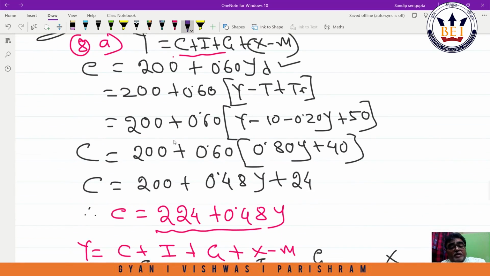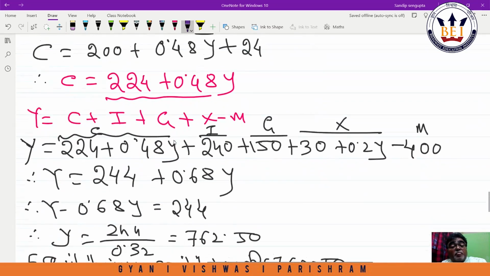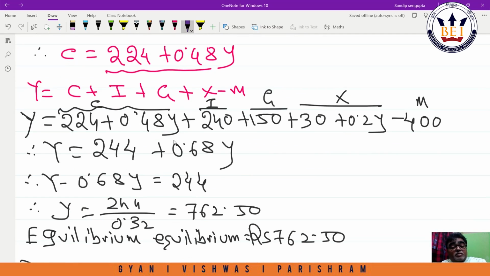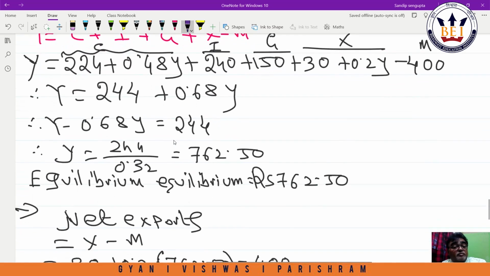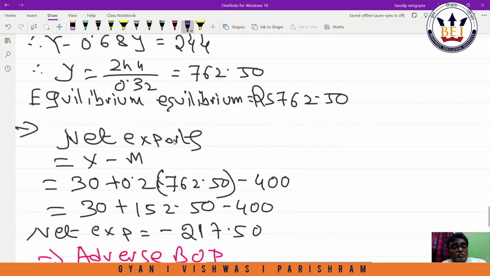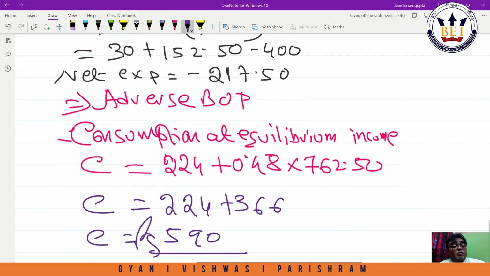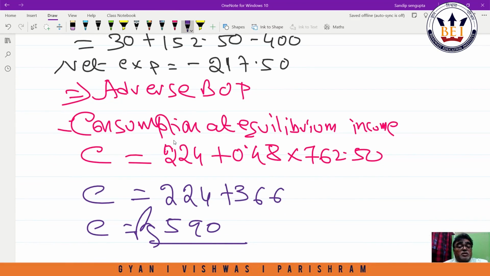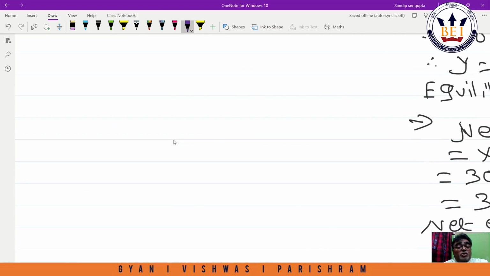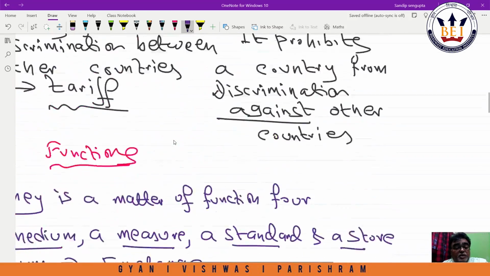First this, then this, and after that net export is this. Just simple calculation. Net export is this, so it is adverse, and after that consumption. I believe I am clear on this explanation. Those who want to get this calculation, you can pause and get this calculation, but concept is that only.